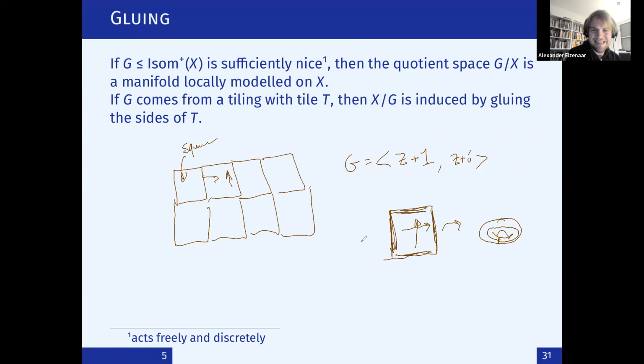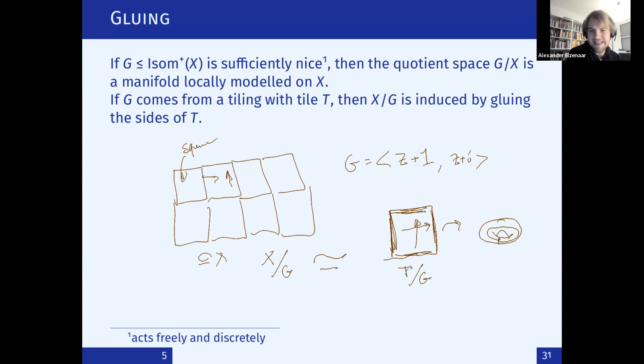And it's a standard theorem in this kind of field that as long as your tilings are nice enough and your group is nice enough, then the action of G on X, the whole space, induces the same quotient as the action of G on a single tile by edge pairings.